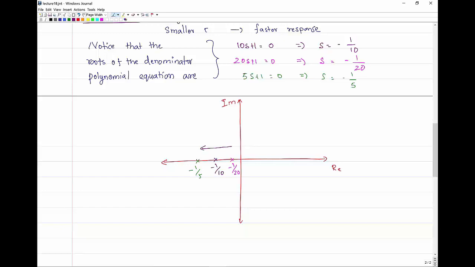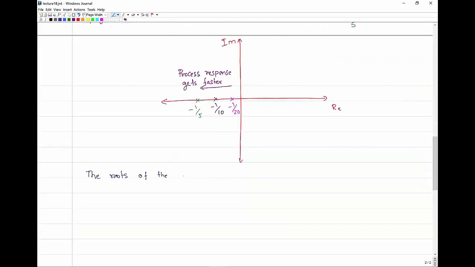They're all negative, therefore they lie to the left of the imaginary axis. And we now know that as these roots move away from the imaginary axis, the process gets faster. In other words, there is a clear correlation between the location of these poles and the way a process responds. And therefore, it only makes sense to give them a name. And the roots of the denominator polynomial of a transfer function are called poles.